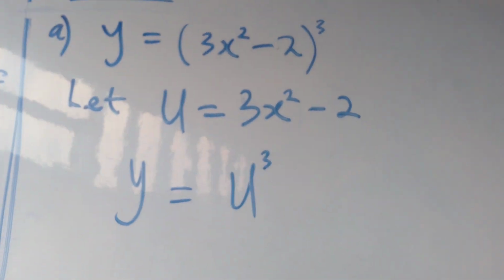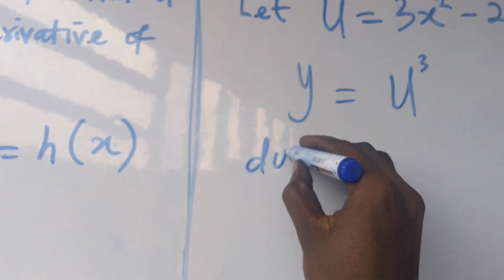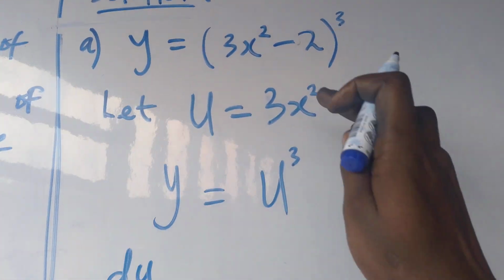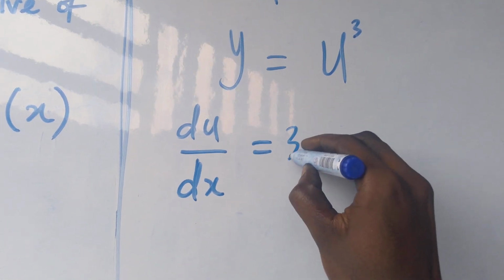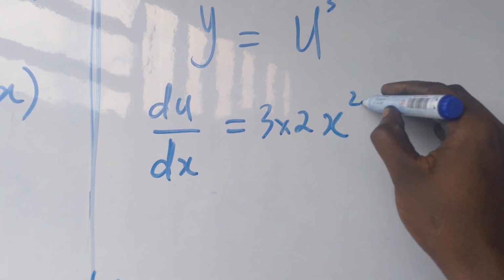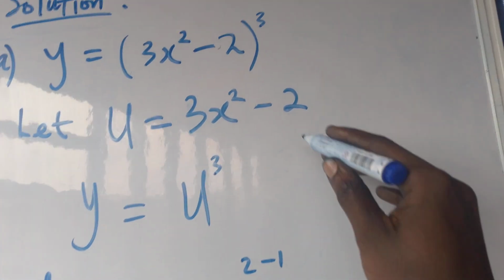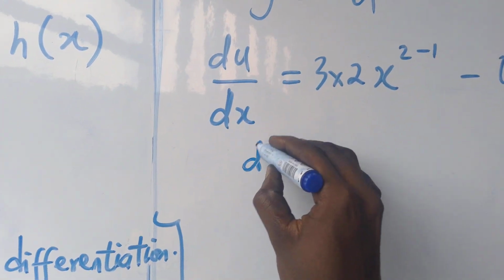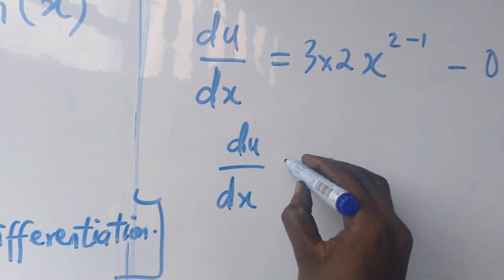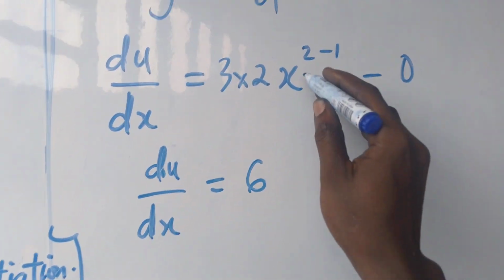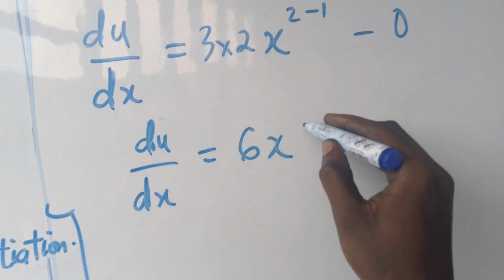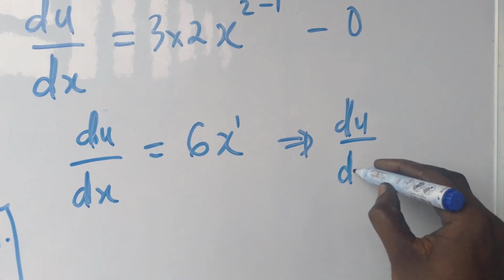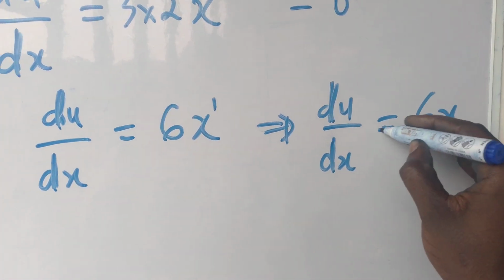And du/dx, the derivative of u with respect to x, will be equal to, differentiating this, you have 3 times 2x raised to power 2 minus 1, minus differentiating 2, which is a constant, you have 0. So du/dx, 3 times 2 will give you 6, x raised to power 2 minus 1 is 1. So we are having that du/dx is equal to 6x.